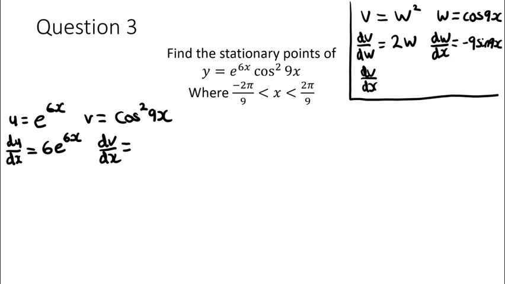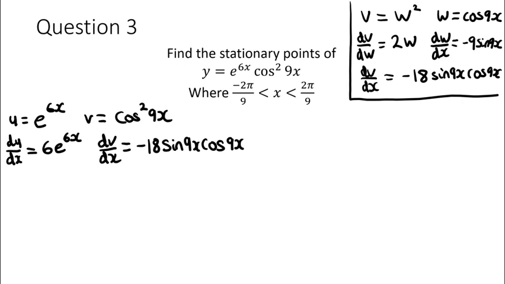So timesing those two things together, the dv by dw and the dw by dx, you get minus 18 sine 9x cos 9x. I'm just subbing that w back in as cos 9x. So dv by dx is minus 18 sine 9x cos 9x.